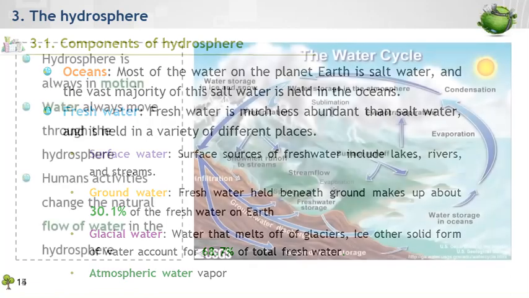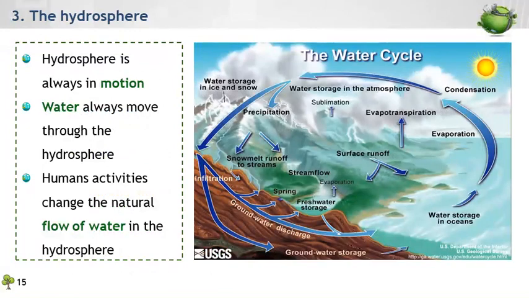water vapor. As I mentioned earlier, water in the hydrosphere is a very important regulator of the Earth climate system because water never stays still. The water molecule always moves through the hydrosphere in a cycle called the water cycle or the hydrology cycle.